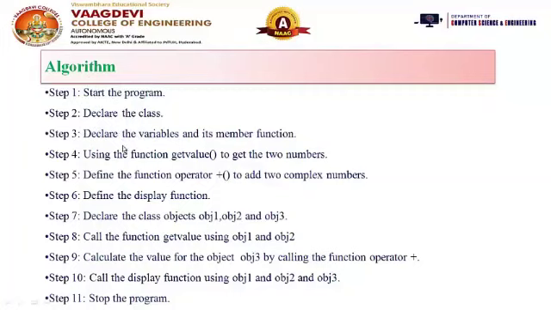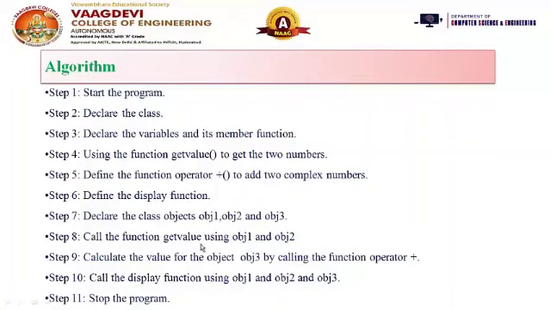In the next 3 steps, we'll be declaring as well as defining the member functions, that is the getValue function, the operator function and the display function. In step 7, we create an object for the class.